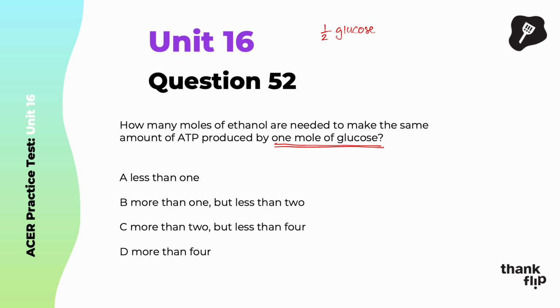Okay, so let's go through that glucose pathway and see how much ATP is produced. So in that first step, where NAD plus is converted to NADH, you have 2 ADP that are converted into 2 ATP. So you have 2 ATP in that first step. Then your glucose turns into pyruvate. It also turns into acetate. Your acetate goes down into acetyl-CoA, and then across it goes into citrate.